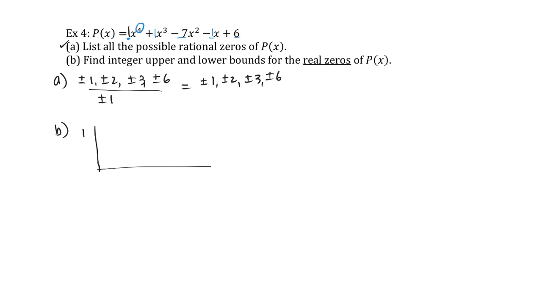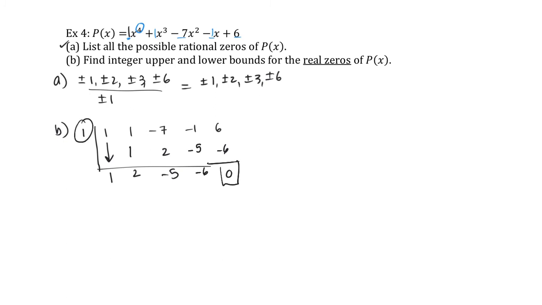So I'm going to write all those numbers down and do my synthetic division, multiply and add, multiply and add. Then 1 times -5 is -5, and adding those. We got a remainder of 0, so that means that x equals 1 is a real zero.